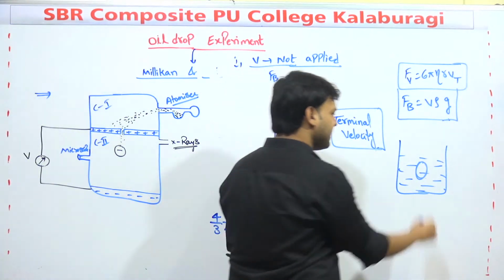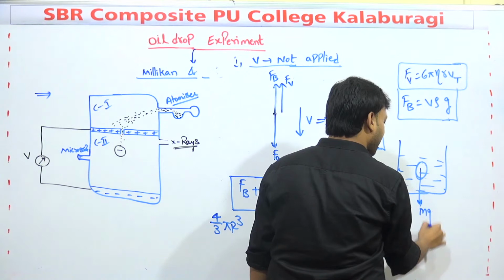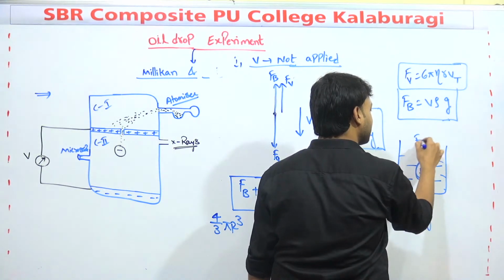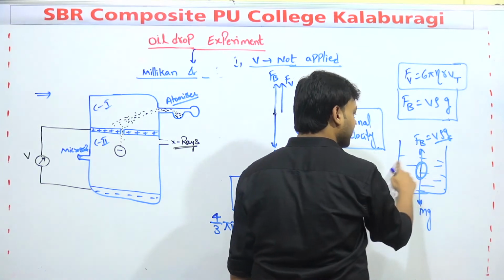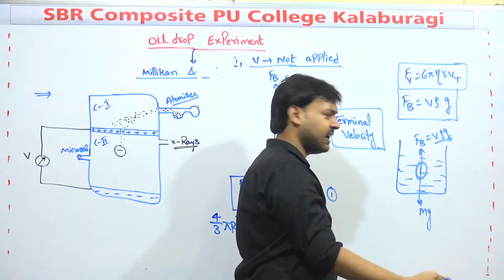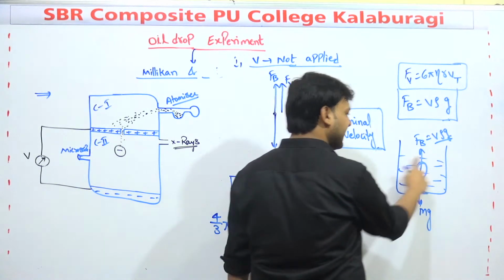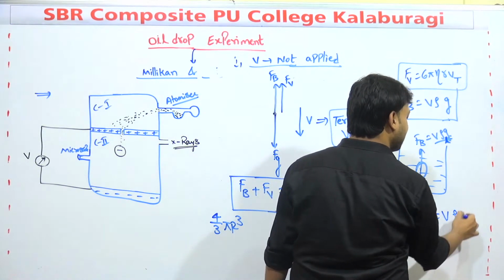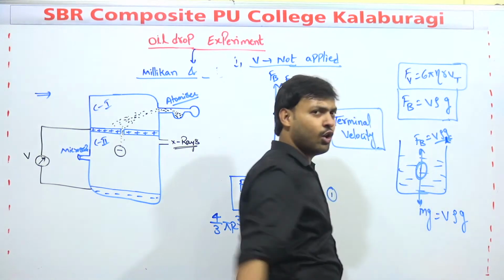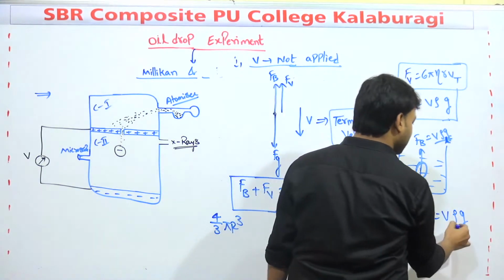Mg acts downwards and buoyancy force acts upwards. Buoyancy we write as V rho G, but of the surrounding liquid, so the density of the liquid. Here mg we can also write as V rho G, but this rho is the density of the substance.